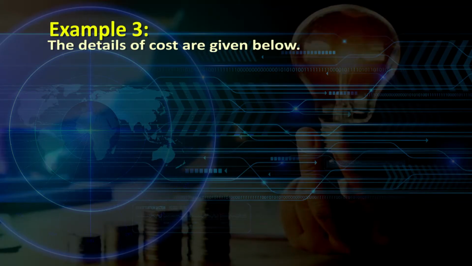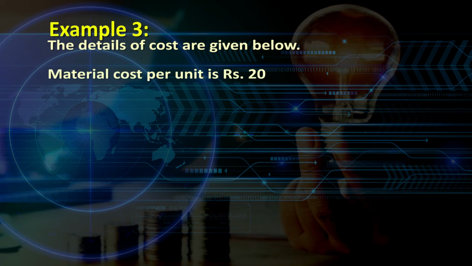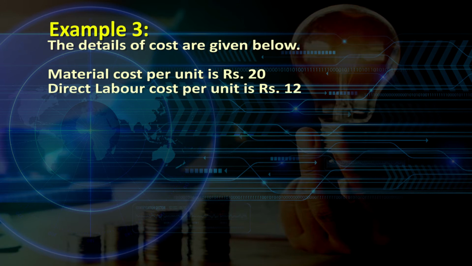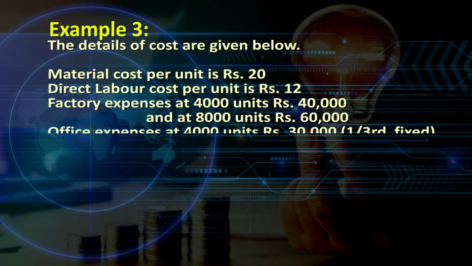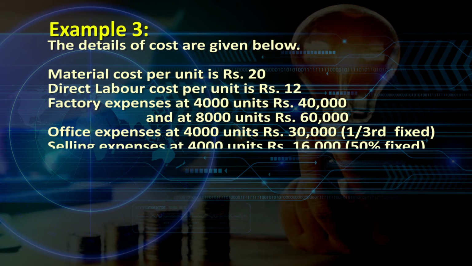Let us take the third example. The details of cost are: material cost per unit is rupees 20, labor cost per unit is rupees 12, factory expenses are rupees 40,000 at 4,000 units and rupees 60,000 at 8,000 units. Office expenses at 4,000 units rupees 30,000, of which 1/3 is fixed.